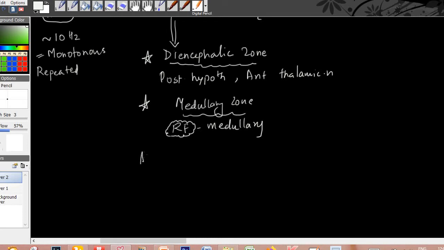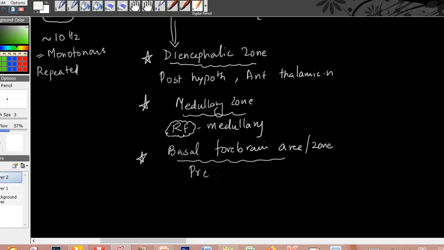And the third would be the basal forebrain area or zone, and this includes the pre-optic area of hypothalamus and the diagonal band of Broca.